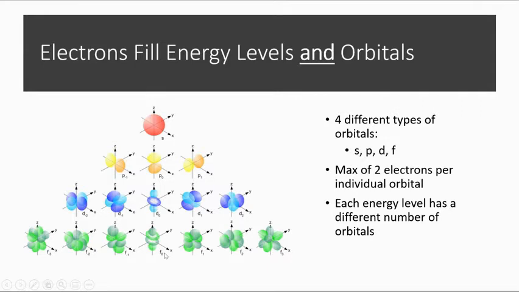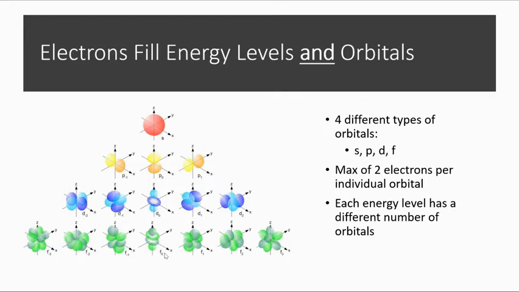So going back to some terminology, we have the energy level. Energy level tells us how far away an electron is from the nucleus. Then we have the sublevel. The sublevel tells us the shape of the orbital, and what block on the periodic table you can find your element in. And we'll talk more about that later.